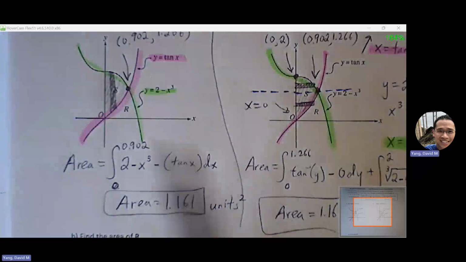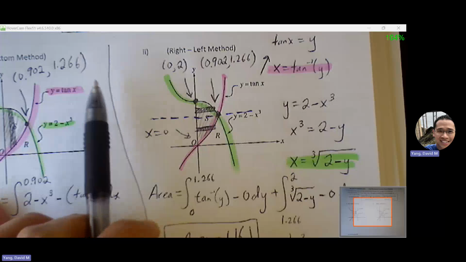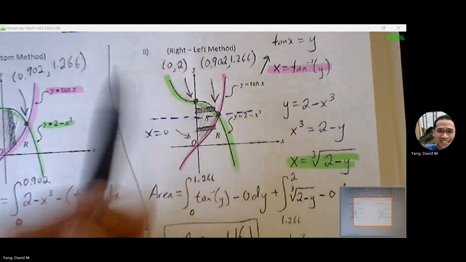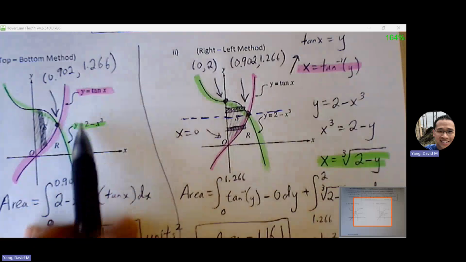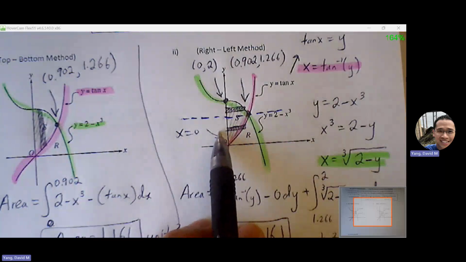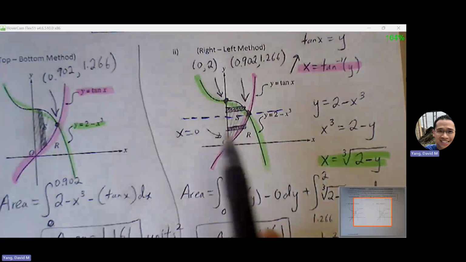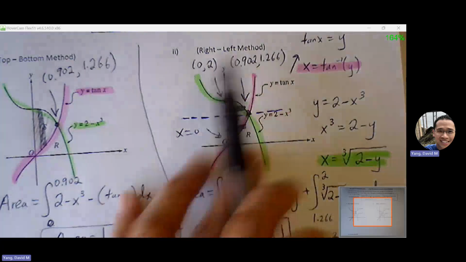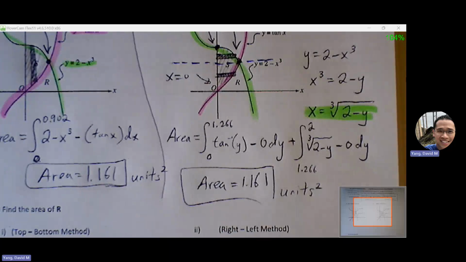Students are pretty good with top minus bottom, but right minus left takes some effort to rewrite these equations, and the tendency is students just want to use the original equations. But anytime you see anything horizontal, your equations need to be written in different forms. So if you can do this and then understand that your bounds are all in terms of y, then really we're just repeating the same process across different formulas.